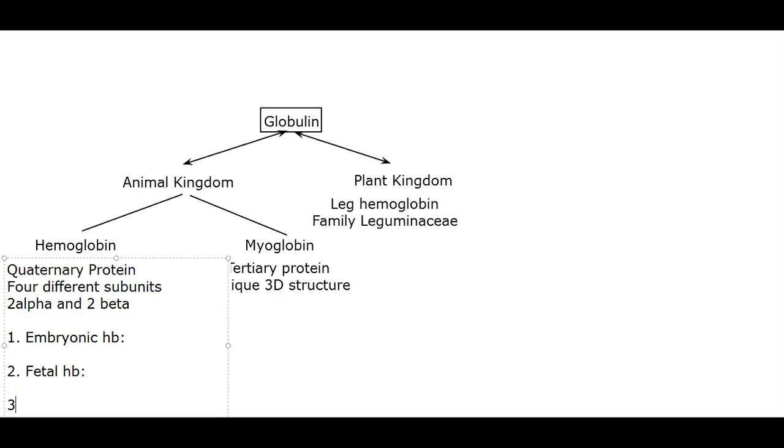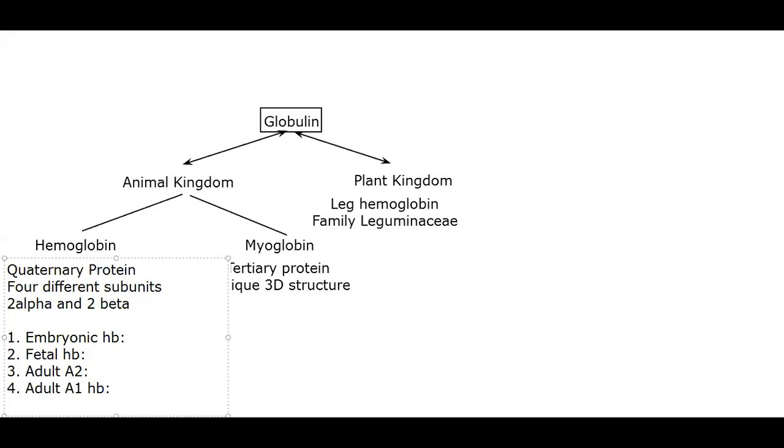The third one is referred to as the adult A2 hemoglobin, and the fourth one is referred to as the adult A1 hemoglobin. So these are the four different types of hemoglobin.